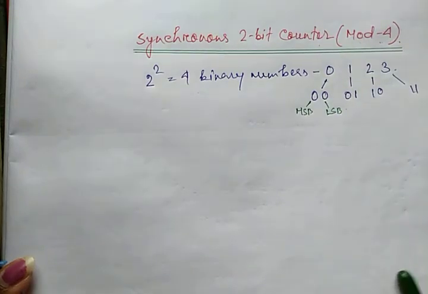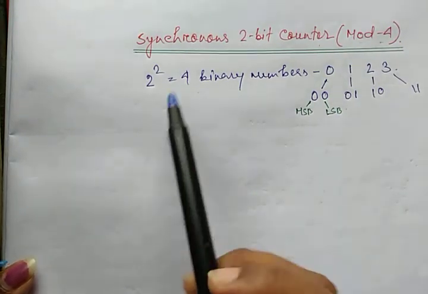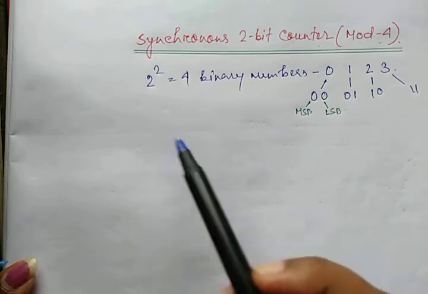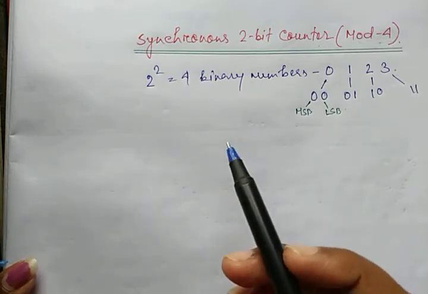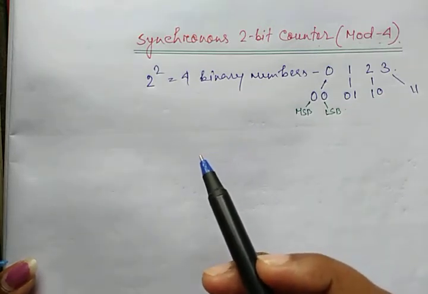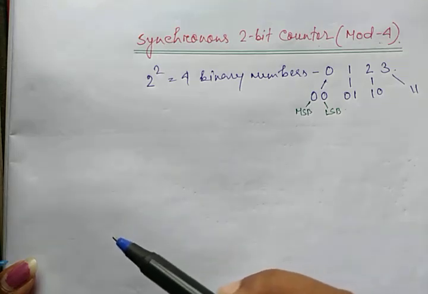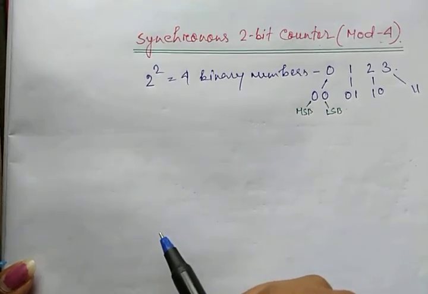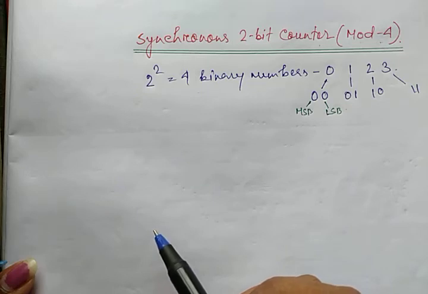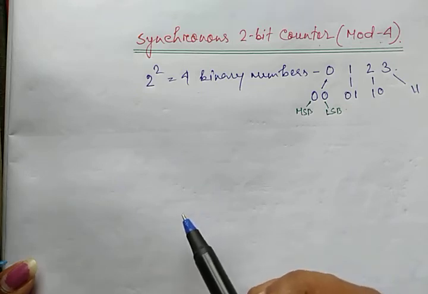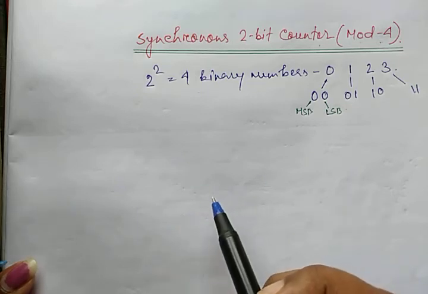Now in a synchronous counter we can use either JK flip-flop or T flip-flop, because we are going to use the toggle state, and both these flip-flops have the toggle state.